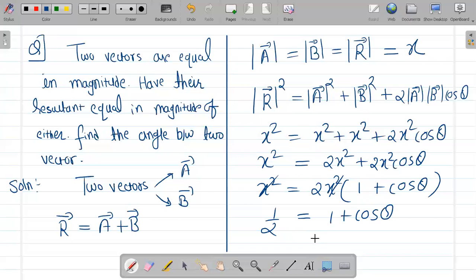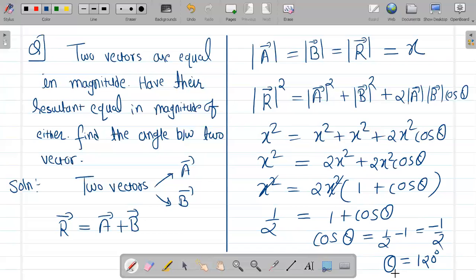That means cos theta will be equal to 1 by 2 minus 1, which is equal to minus 1 by 2. And we know when cos theta is minus 1 by 2, the value of theta becomes 120 degree. So the answer is 120 degree.